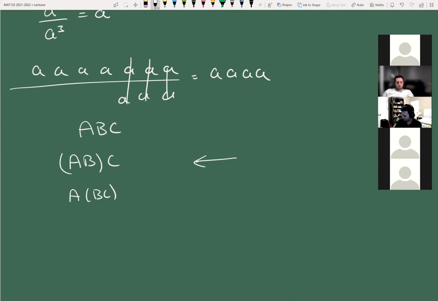If I write ABC times X, where X is what I'm row reducing, then C was the first operation I performed, B was the second, and A was the third. So in that sense, they go right to left. But in terms of multiplying them, you can multiply them in any order because matrix multiplication is associative. That's what that property is called.